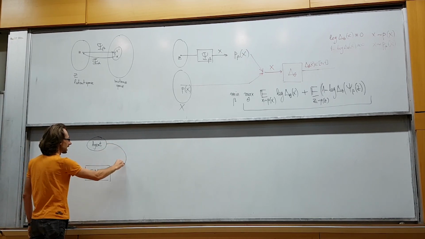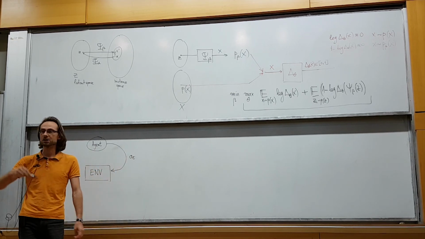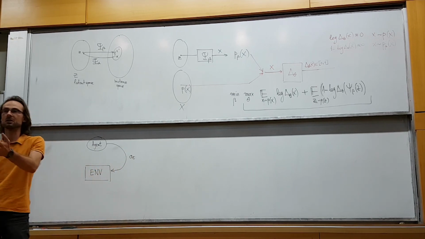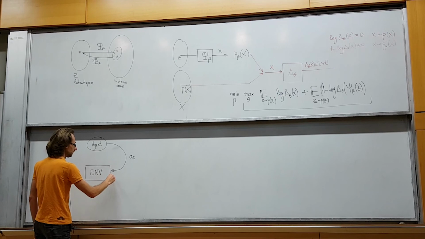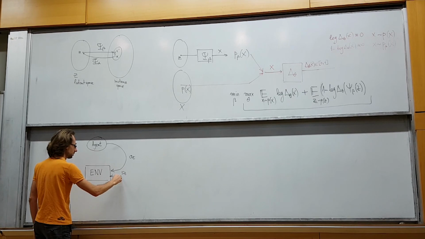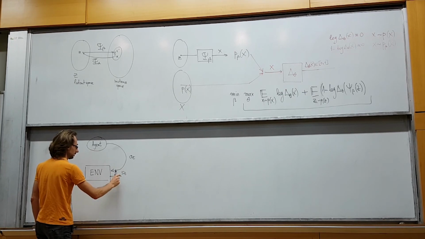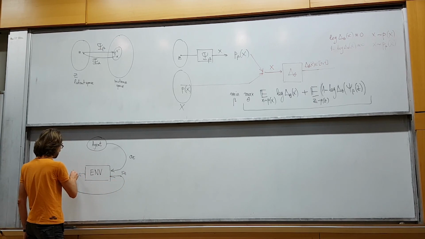The environment is a state machine. It receives an action from the agent. Let's call it A_t, an action at time t. There is a certain set of actions that we can perform in the environment. It receives the current state S_t, and it produces a new state S_{t+1}.